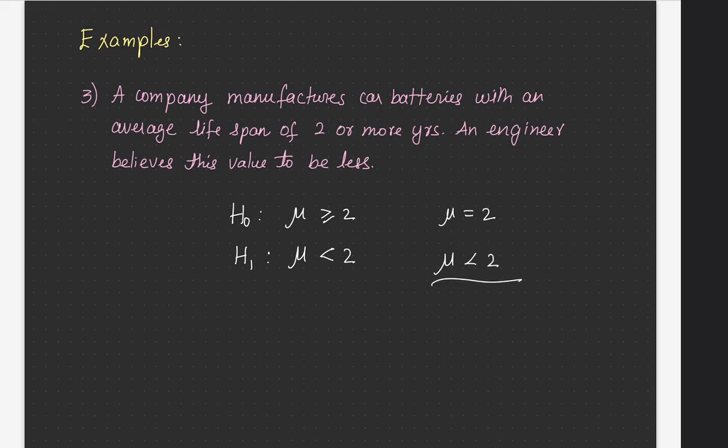This is the alternate hypothesis, and this is the null hypothesis. Now, from the sample data, if we collect enough evidence to say that mu is less than 2, then we reject this null hypothesis and support this alternate hypothesis. But if we get evidence to say that mu is greater than 2, then we don't reject this null hypothesis.